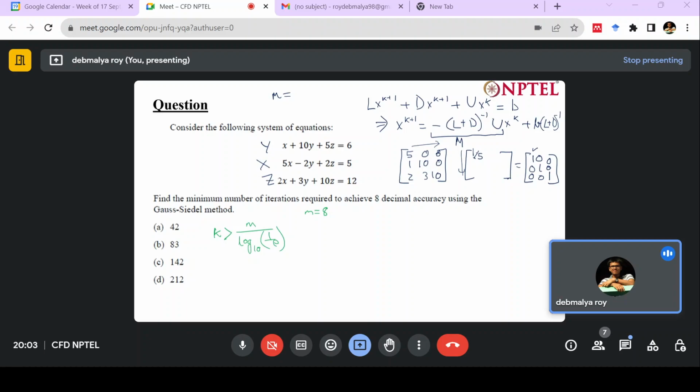Okay. What about the next element? For the next element, let's take this bottom element first. So sorry, let's take this element first. So for this element, I have to multiply this with the middle row, right? And I will have to get 0.